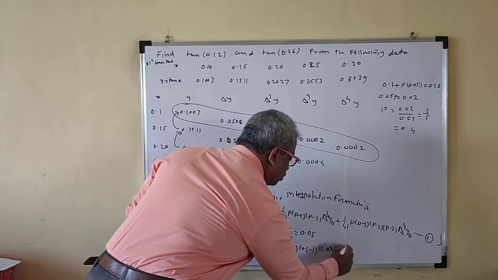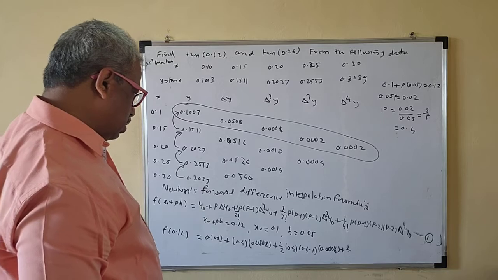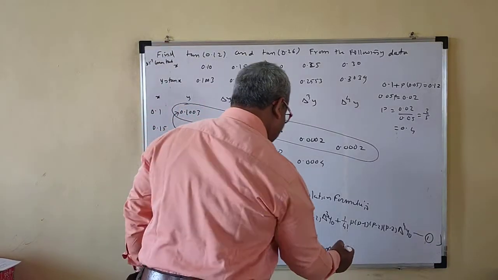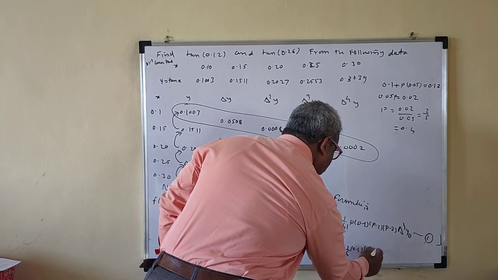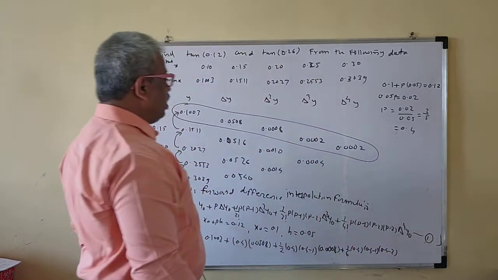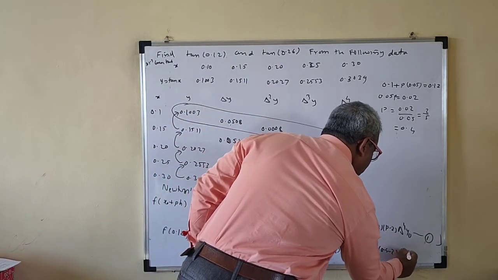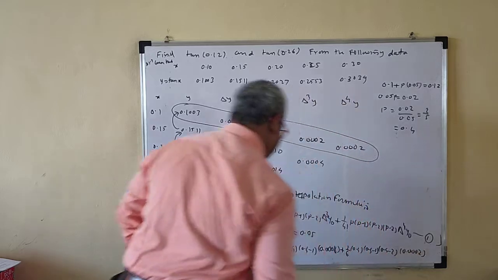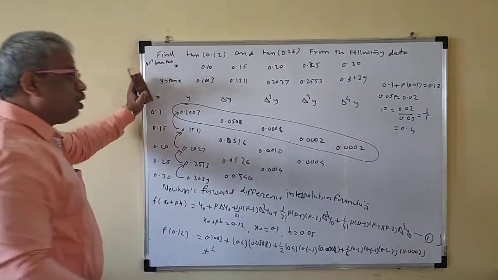Now del square is what? 0.008 plus 1 upon 6, 0.4, 0.4 minus 1, 0.4 minus 2. Then del cube y naught is 0.002. Plus 1 upon 4 factorial.